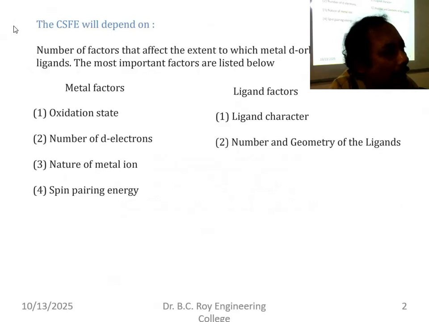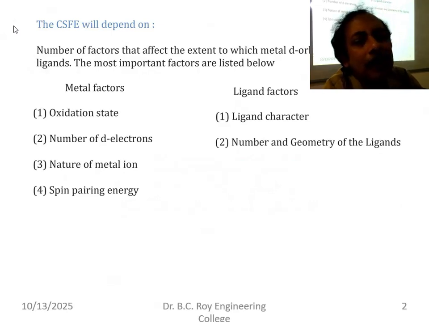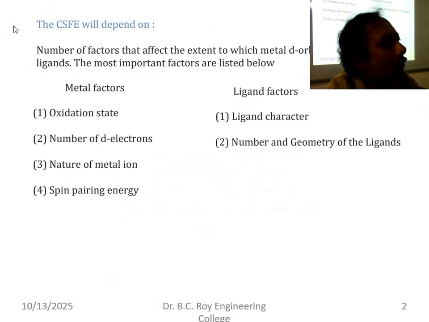CFSE will be altered by spin pairing energy. Whatever energy you expect, it will be lesser than that, because the pairing energy will be absorbed from the system itself. So that's why your energy release will be lesser. So pairing also matters.